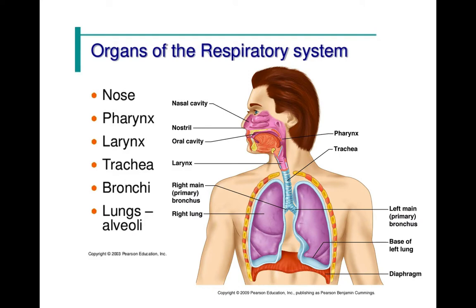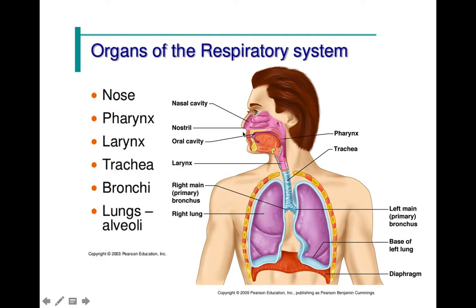So the organs of the respiratory system. The respiratory system is not that hard. It's just a short little system going from the nose to the alveoli in the lungs. That's it. So what are the structures we're going to go through?